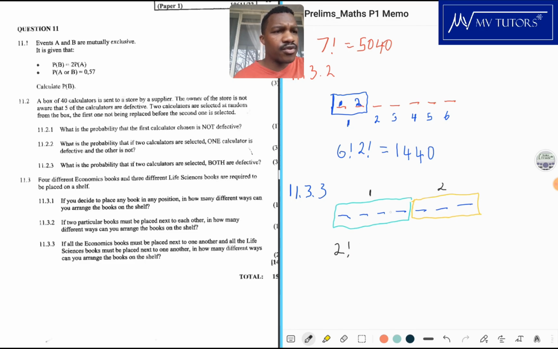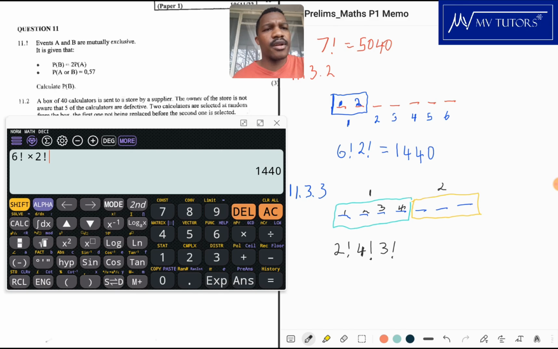And then within this one, how many do we have? 1, 2, 3, 4. So we'll go 4 factorial. And within the second one, we have 1, 2, 3 positions. So we'll go 3 factorial. Let's bring out the calculator. So first one is 2 factorial times 4 factorial times 3 factorial, and we get an answer of 288.